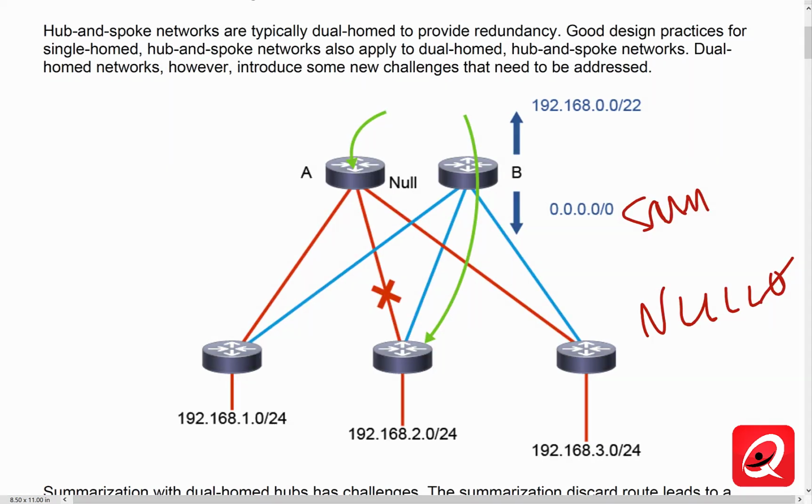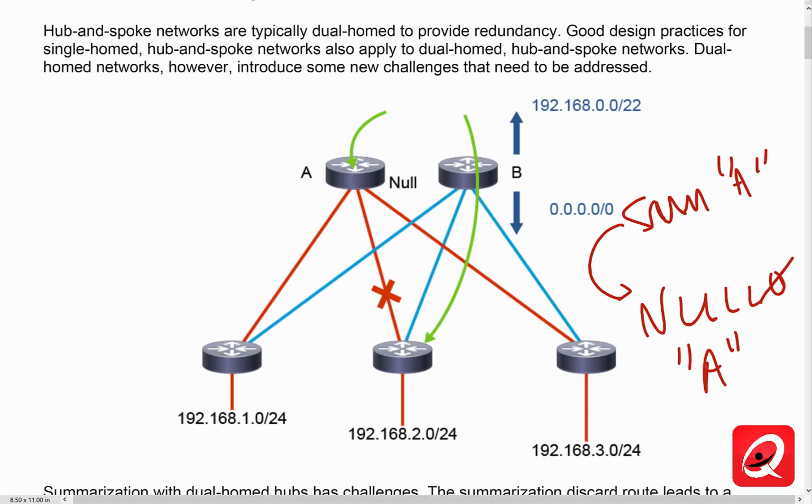And so if I create a summary for A, on that same router that's generating that summary for A, we're going to have a null zero route for A as well. Meaning that we're going to create this black hole, if you will, this what they call a discard route for that summary that we're advertising to our peers. All right. Now, it's possible in this case that we could create a black hole.